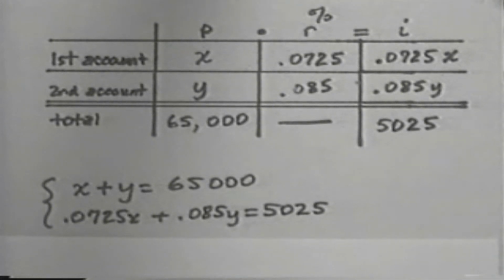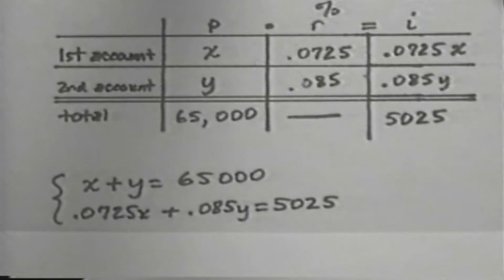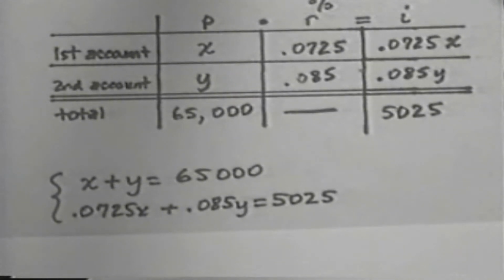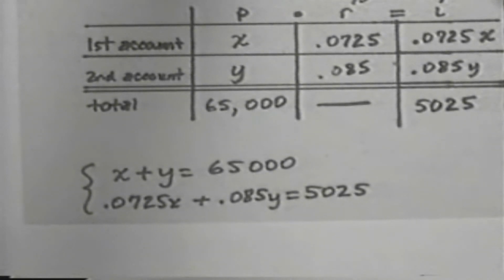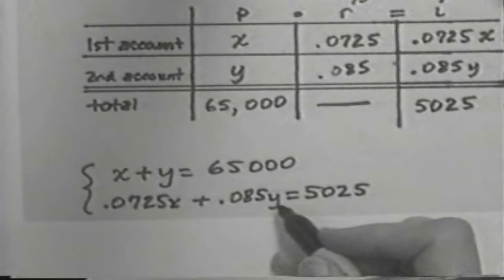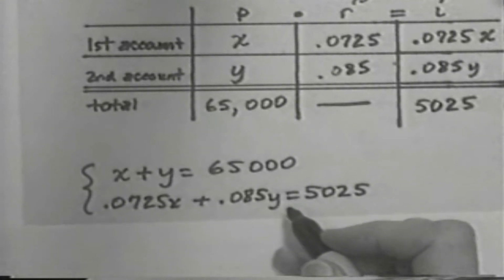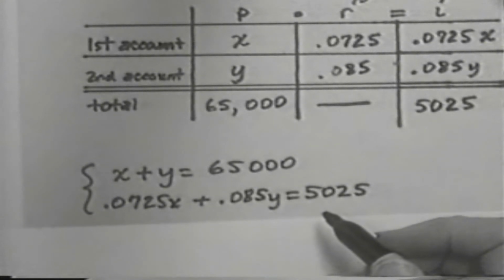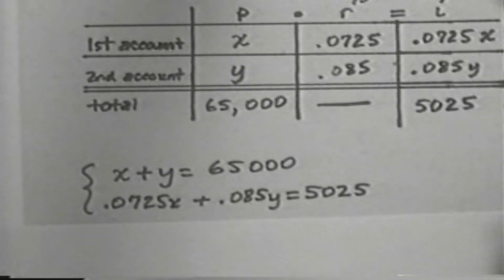So here my pair of equations is, and I'm going to solve these equations by the addition method. Well, I have some lovely decimals here. Which letter shall we eliminate? Let's choose to eliminate y in this one. That means I must multiply each equation by something that will eliminate the y term.